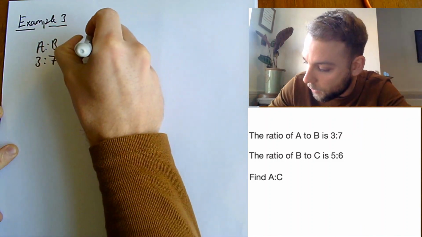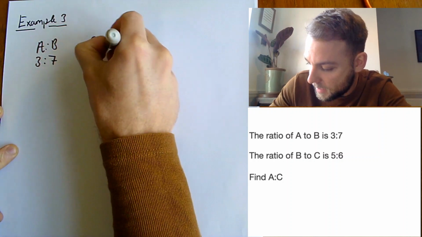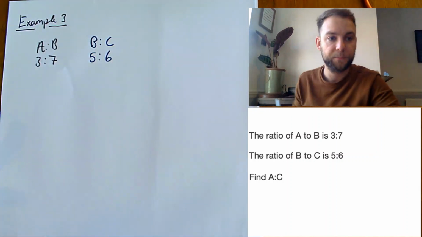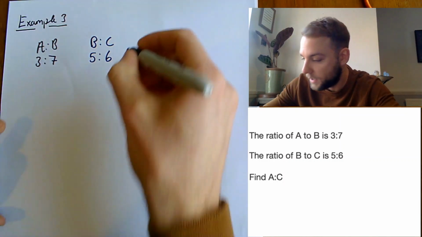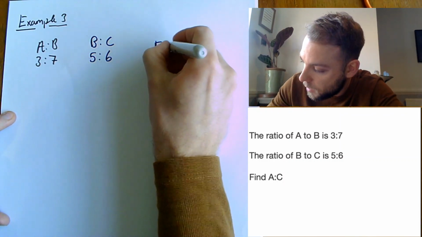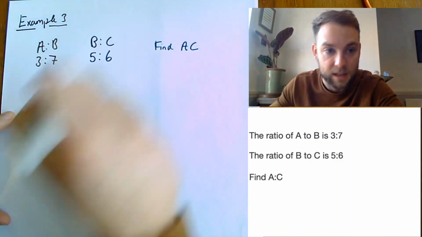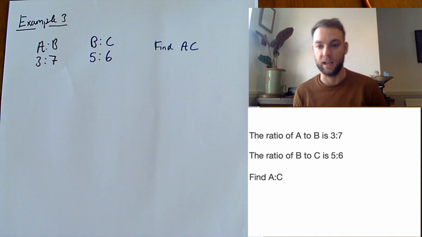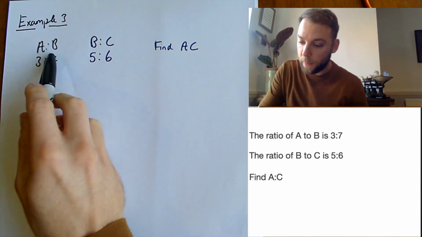The ratio of B to C is equal to 5 to 6. Find the ratio of A to C.